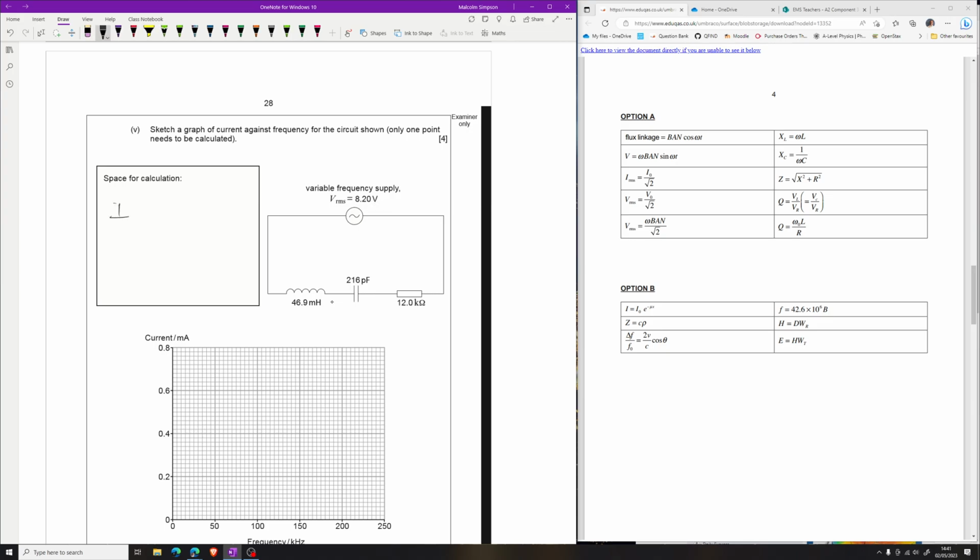So the current therefore is just equal to 8.20 over 12 thousand, which is 6.83 times 10 to the minus 4, which is about 0.683 milliamps.